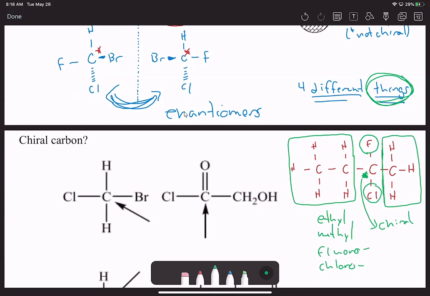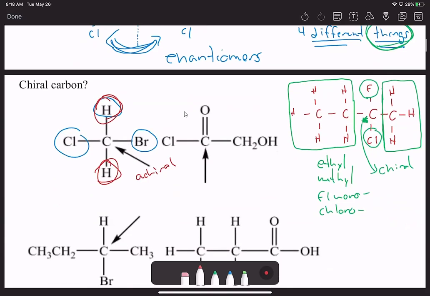So let's take a look at these other examples here. So here's 1, 2, 3, but these are the same. So this is going to be achiral. I have 1 thing attached, 2 things attached, and I only have 3 things.